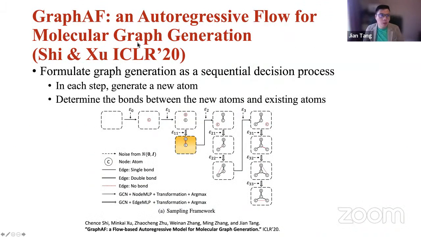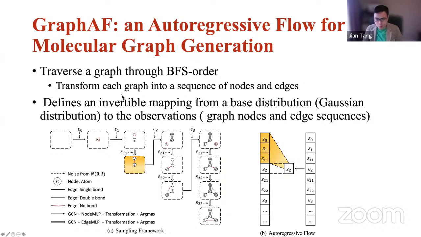We propose a new algorithm called GraphAF for molecular graph generation and optimization. The essential idea of GraphAF is that we formulate graph generation as a sequential decision process. In every step, we generate a new atom. Let me give you one example.